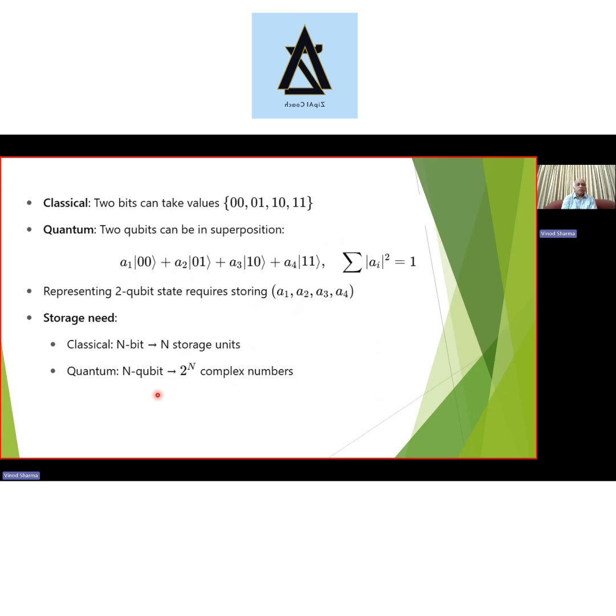For an n-qubit state, you need 2 raised to the power n complex numbers. Storing any one of these complex numbers can require a large number of bits. Therefore, to store even a 2-qubit state in a classical computer, it can require a huge number of storage elements, depending on the accuracy with which we want to represent the complex numbers A1, A2, A3, and A4.